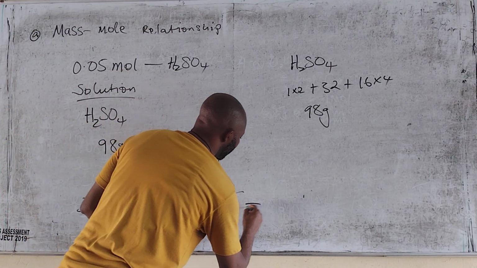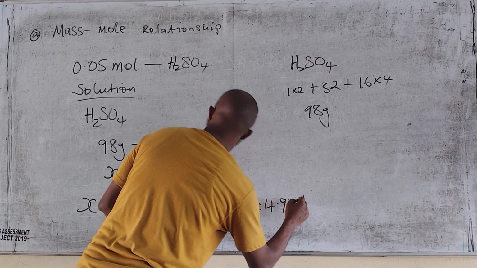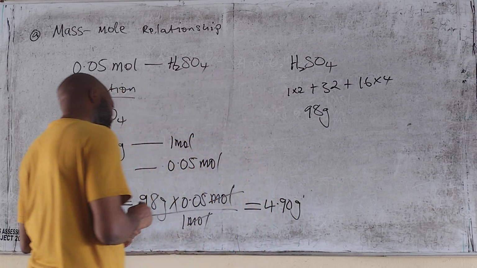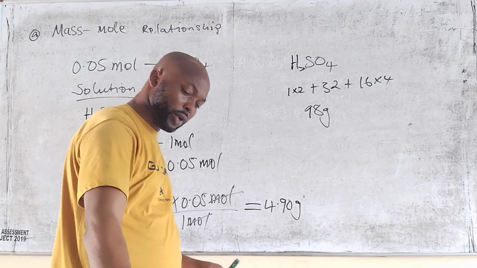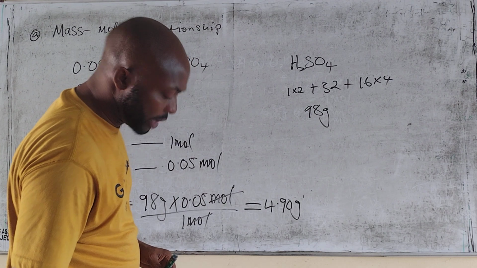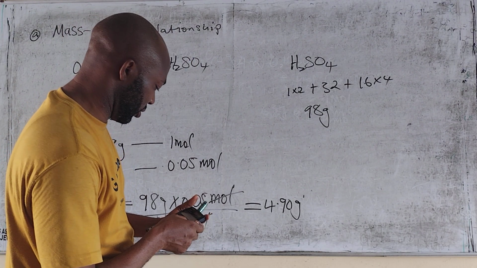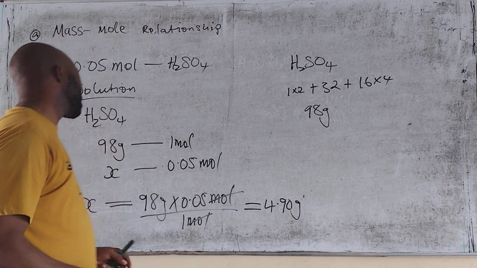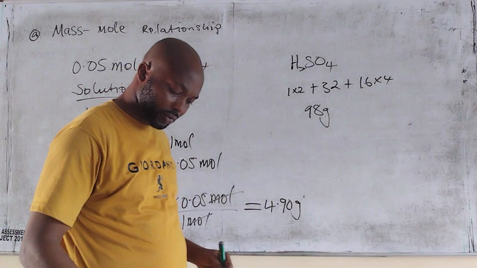So this is equal to 4.90 grams. Okay, 98 times 0.05, 4.9. That's correct. Let's move on to the next question.